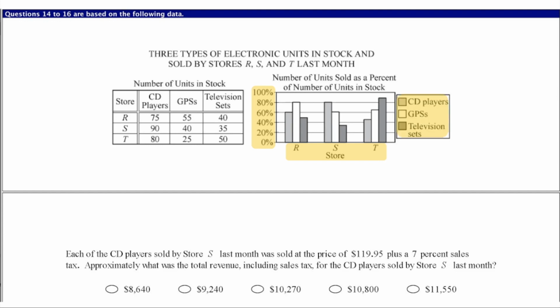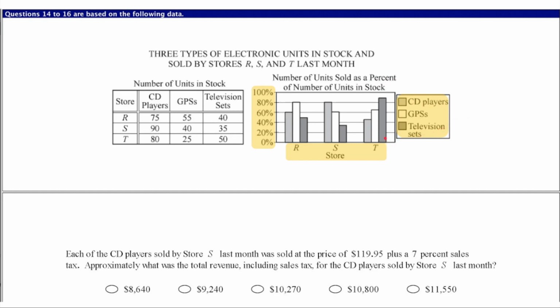Now we also notice that we have a legend here that tells us what the different colors mean, and these different colors represent those different types of electronic units. So that medium light gray is CD players, the white is GPSs, and that darker gray is television sets. So we can use that to find out what percent of the number of units in stock for each different type of unit were sold by each of those stores.